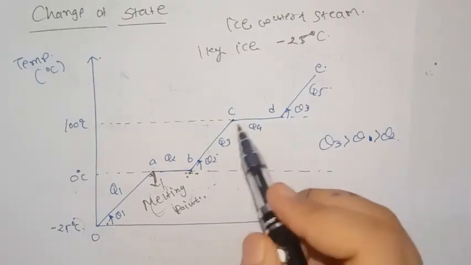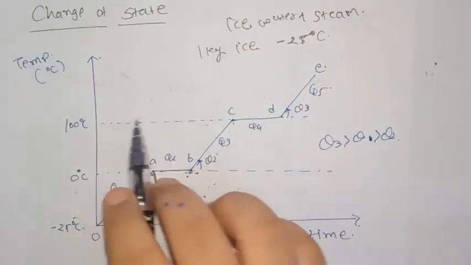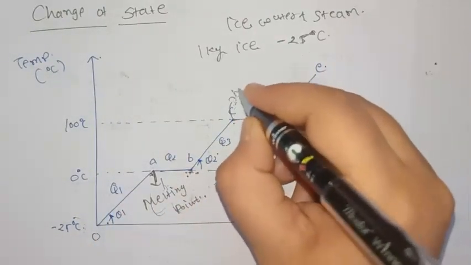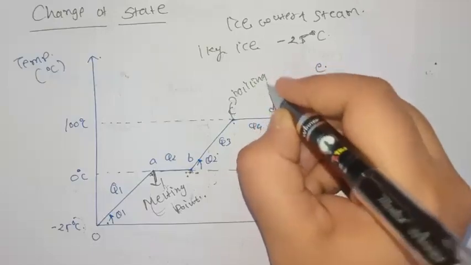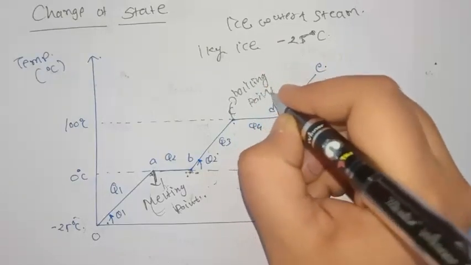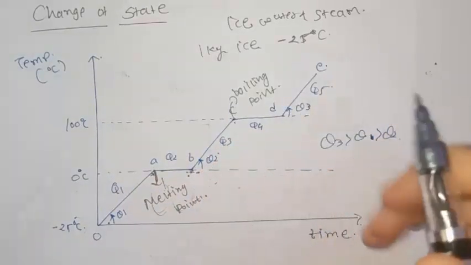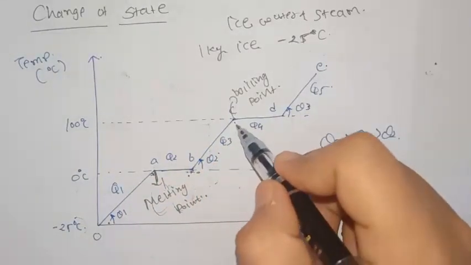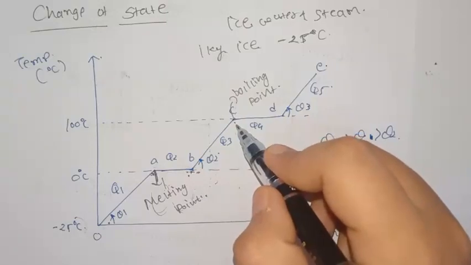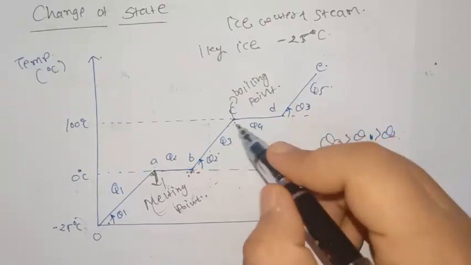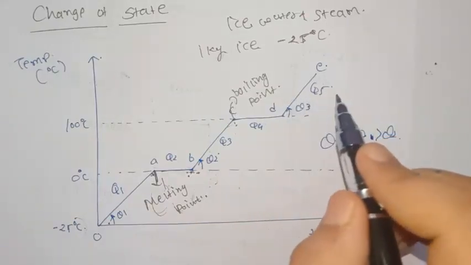The point C corresponds to 100 degrees Celsius, that is the boiling point of water. When 100 degrees Celsius is reached, the temperature again stays constant despite further heating until a total of 540 kilocalorie is added.